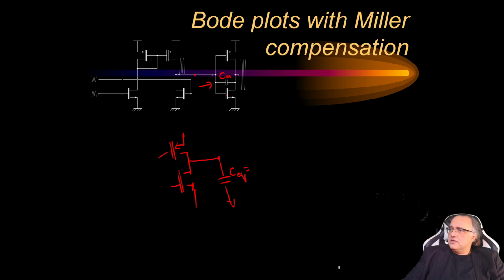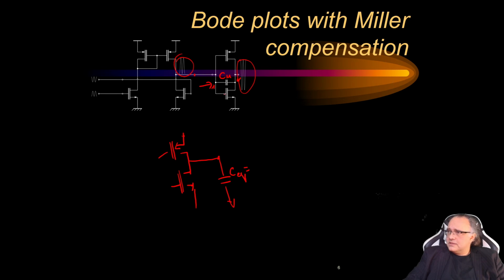So what's the Miller effect? You see here that from this stage to this stage I have enormous gain, which means that the effective voltage change across the terminals of the capacitor is much bigger than just the signal. Why? Because first we invert the signal and then we amplify the signal.